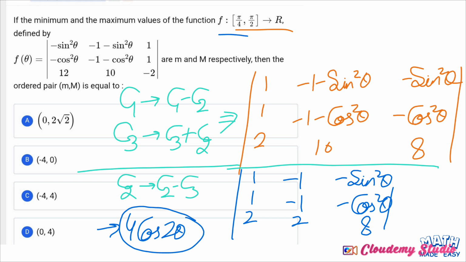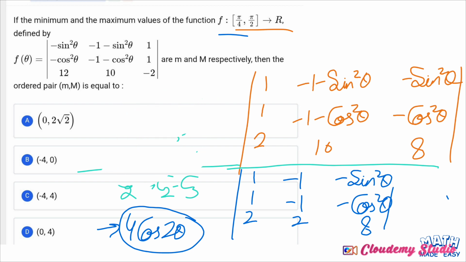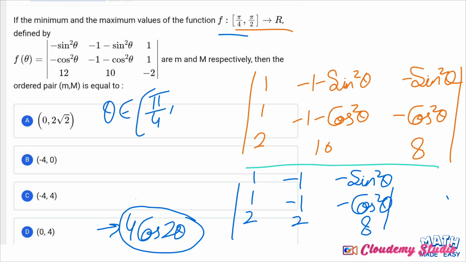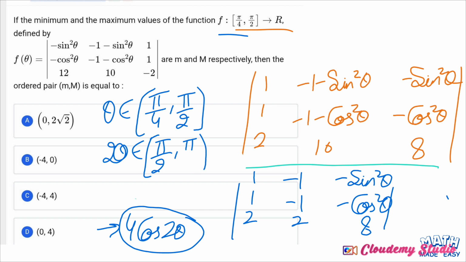Now theta is belonging to pi by 4 to pi by 2, means 45 to 90 degrees itself. So 2 theta is between pi by 2 and pi.